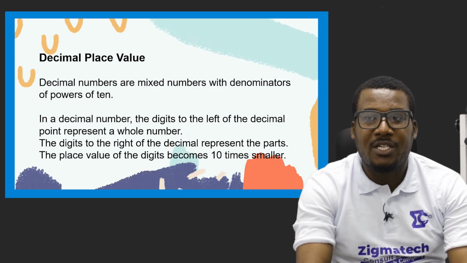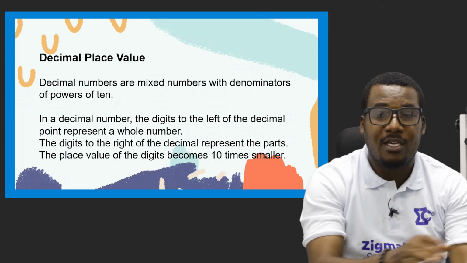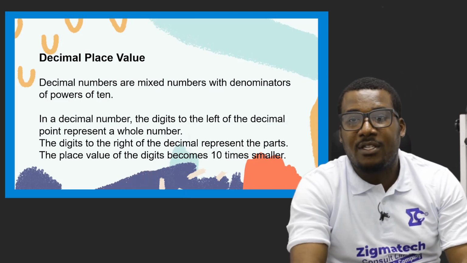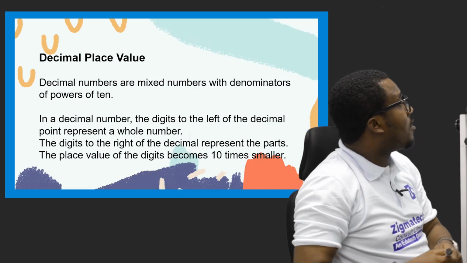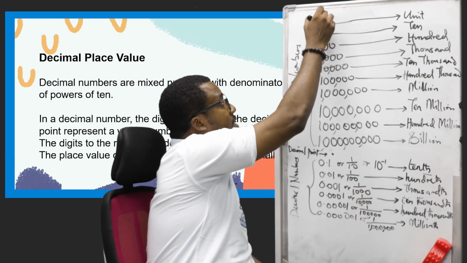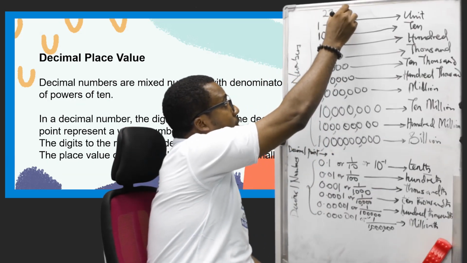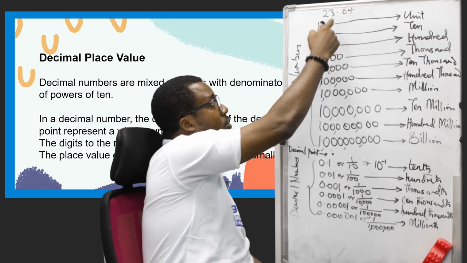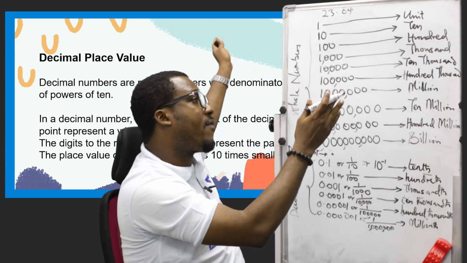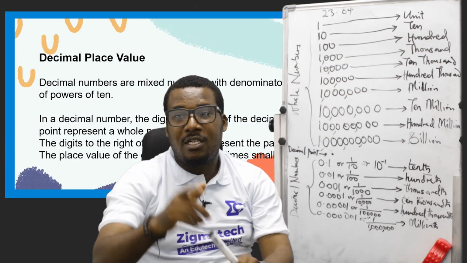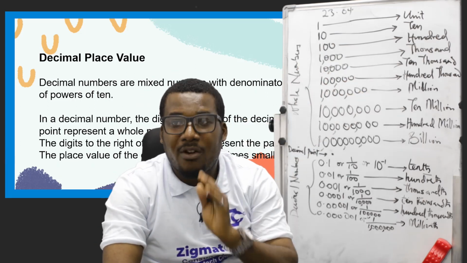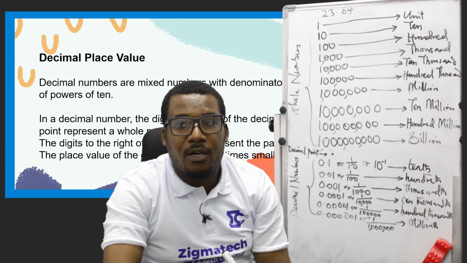In the decimal number, the digits to the left of the decimal point represent a whole number. What it means is you're having a series of numbers that says 23.04. Digits to the left, whole numbers. Digits to the right, decimal number. The digits to the right of the decimal represent the parts.